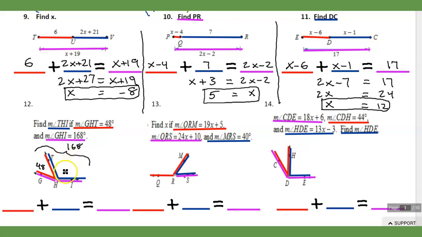Since we're looking for this, I'm just going to call it x. So that means 48, the small angle, plus the other small angle, x, is going to add up to 168. We can solve this by subtracting 48 on both sides. So x will equal 120 degrees.